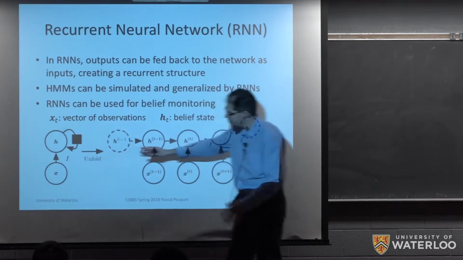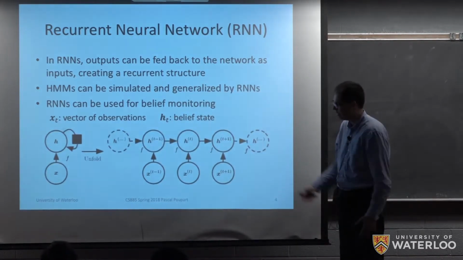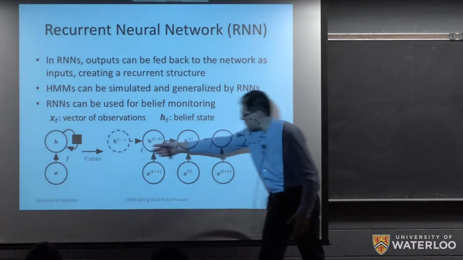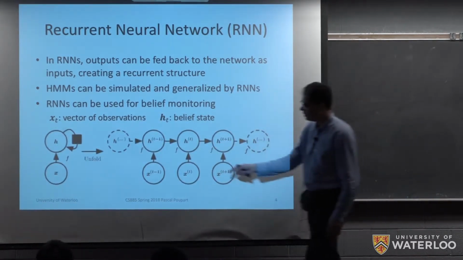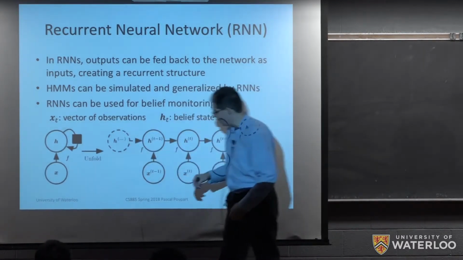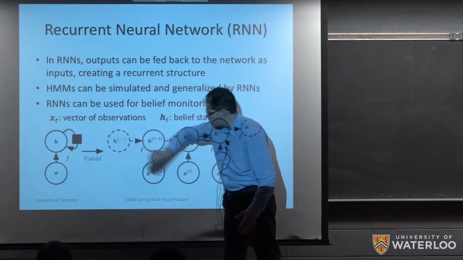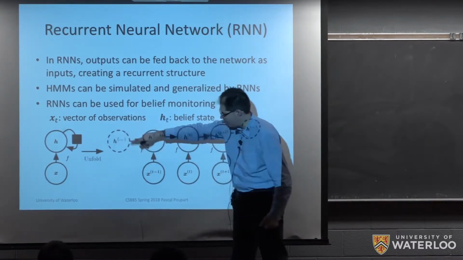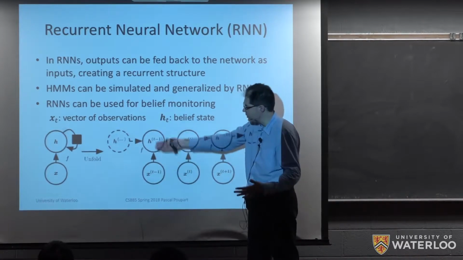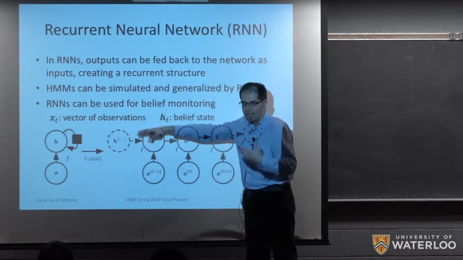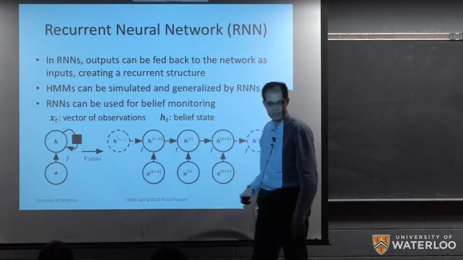If we unroll the computation over several time steps, it gives us a network that looks like this. We start with some state, and at each time step a new input is fed in and combined with the previous hidden state, and then we compute a new hidden state.